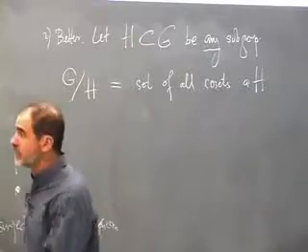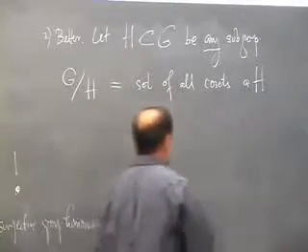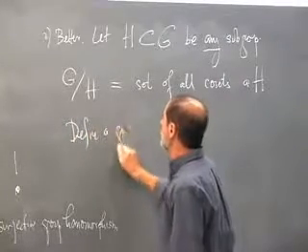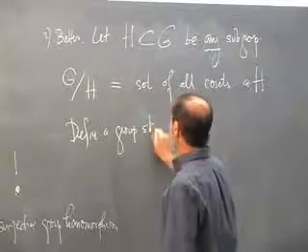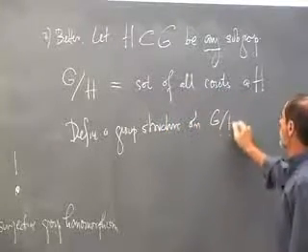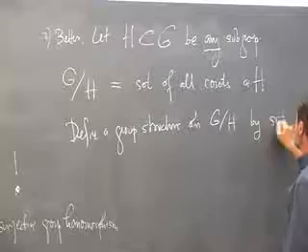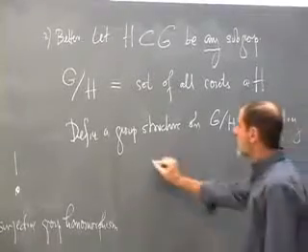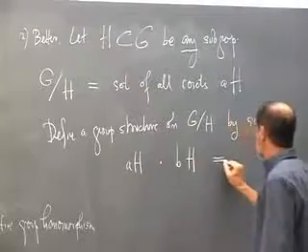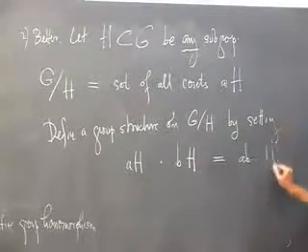That gives a partition of G. Okay, define a group structure on G mod H by setting the product of the coset AH times the coset BH to be the coset of ABH.